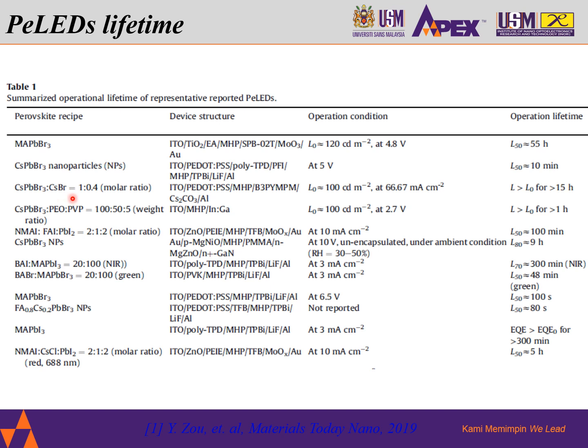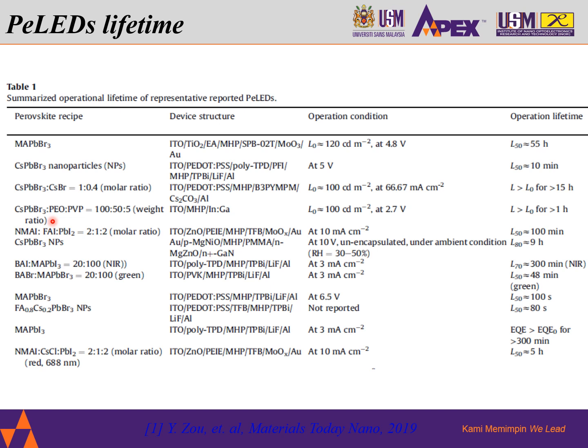Subsequently, CsPbBr3 with CsBr at a ratio of 1 to 0.4. The device structure consists of ITO, PEDOT:PSS, MHP, B3PYMPM, Cs2CO3, and also aluminum. The operation condition is 100 candela per square meter at 66.67 milliamperes per square centimeter. So the operation lifetime is around 15 hours.